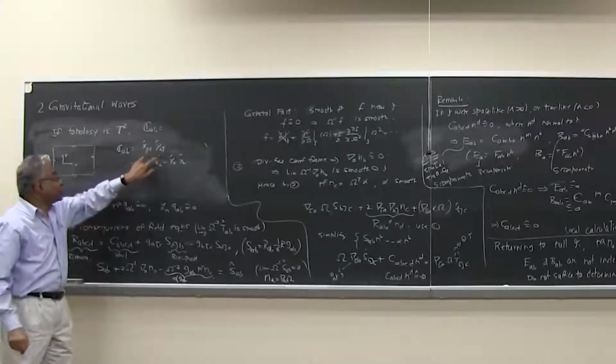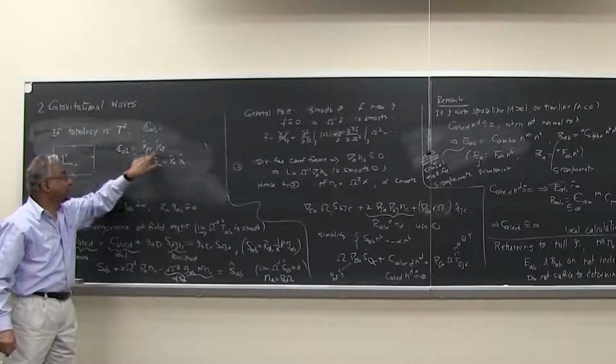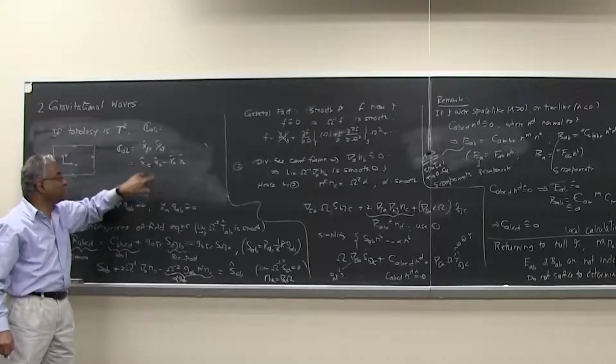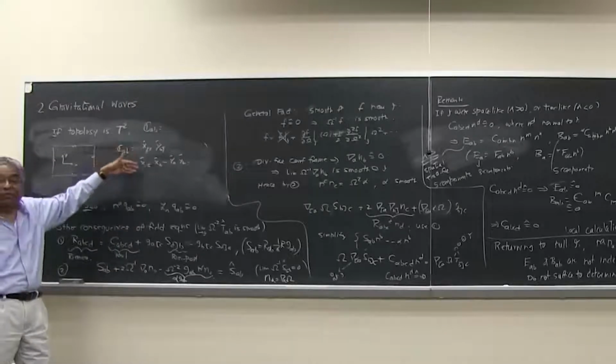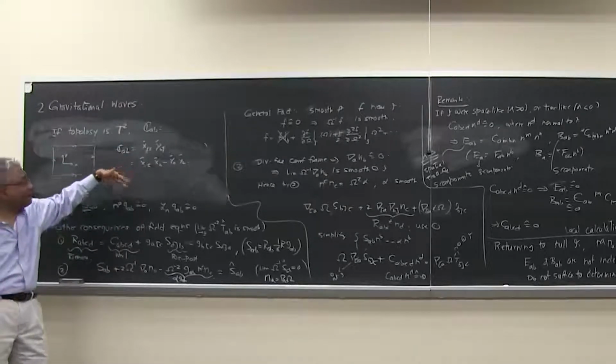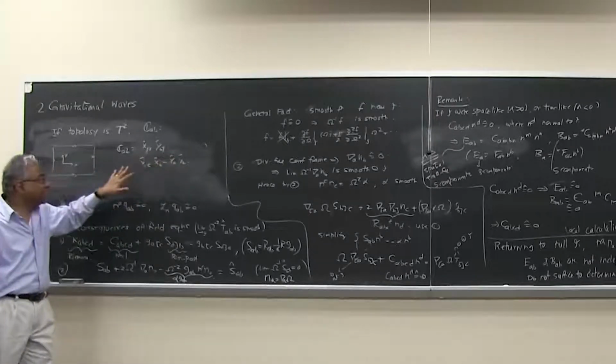So this is symmetric and it's trace-free, because if I take the trace, x and y are perpendicular, I get 1 minus 1, that is 0. And these are the two polarization tensors that you may have often seen for gravitational waves. But here we're just thinking of them as mathematical tensors.